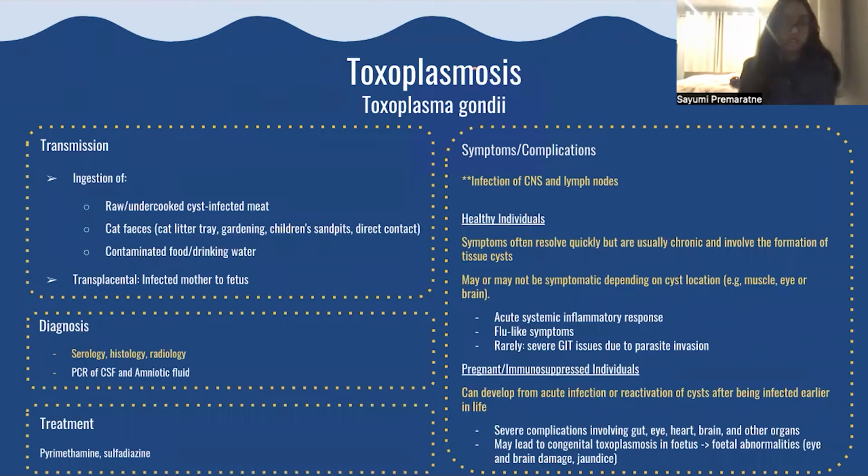Also, another thing to note is that you can get a reactivation of the cyst after many years. So when you get it, you might be healthy, but then maybe later down the track in your life, if you're pregnant or you become immunosuppressed, those cysts can reactivate and you will be reinfected.